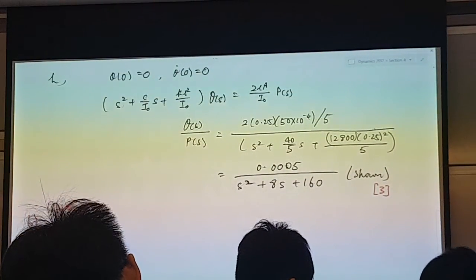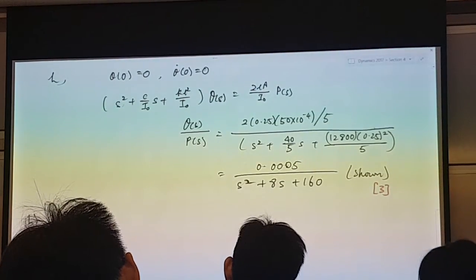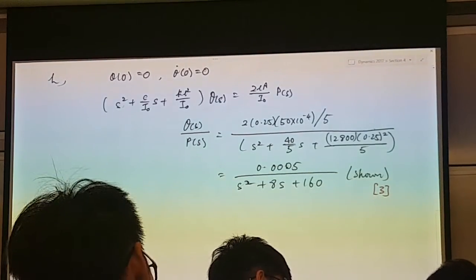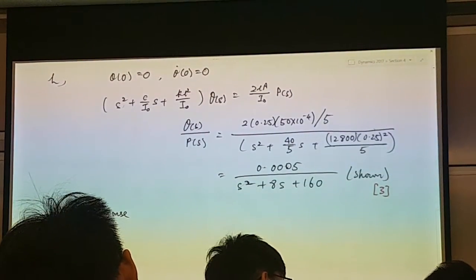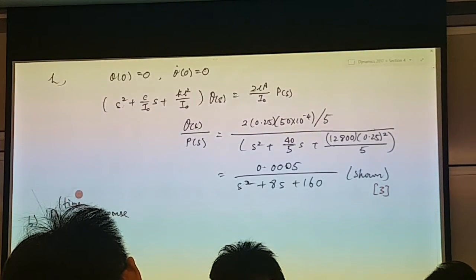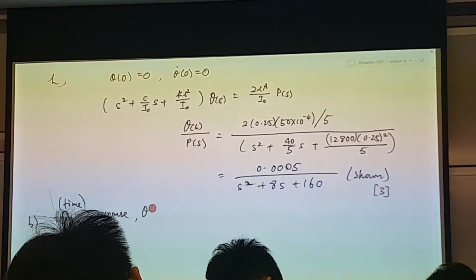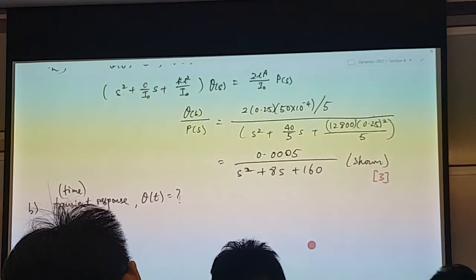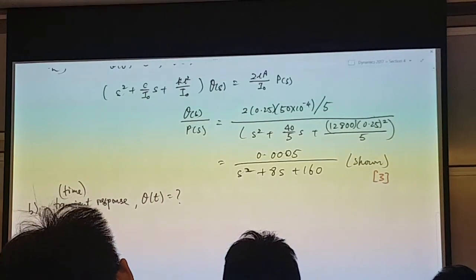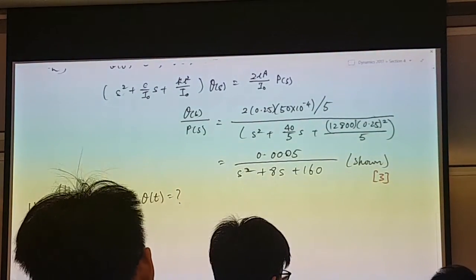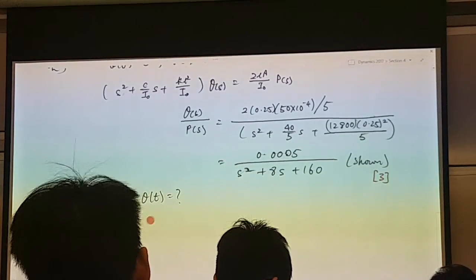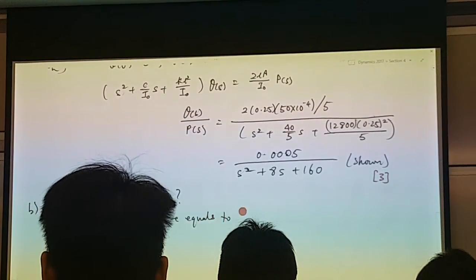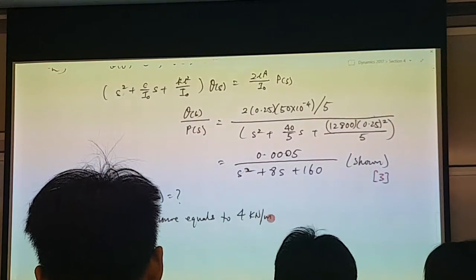So part D, it asks for transient response. I have told you before that I call it the time response. But what they all mean is this, what is the theta T. Particularly in the question it says step change in the pressure, and that's equal to 4 kilonewtons per meter squared.